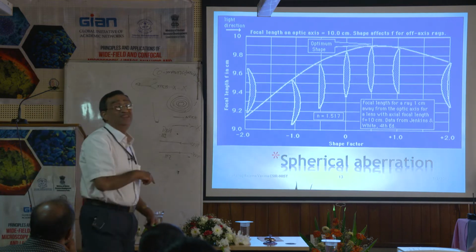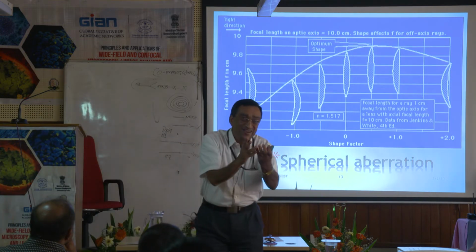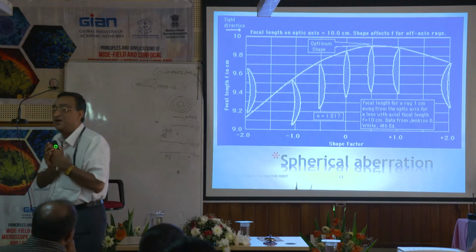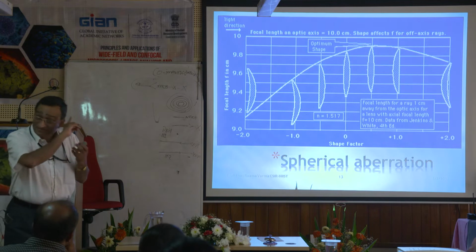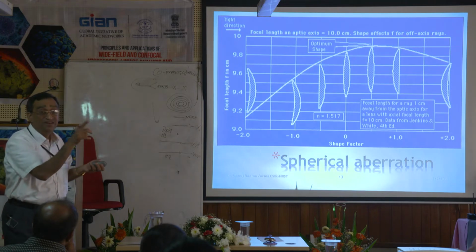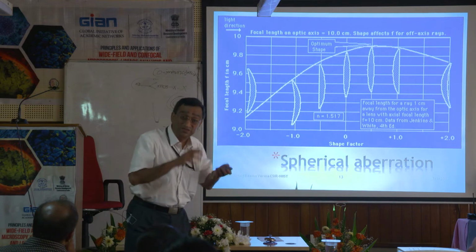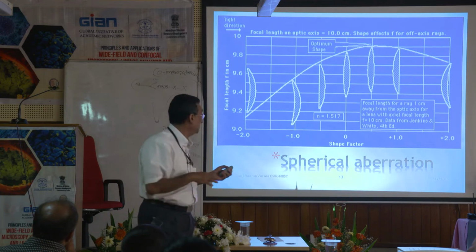This is the problem with spherical aberration. So you cannot have one fixed position, but a range of positions where your focal length is visible. This is the relation with spherical aberration. Spherical aberration is a mathematical quantity.